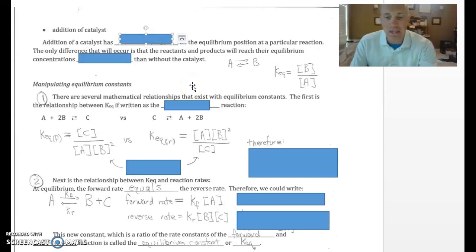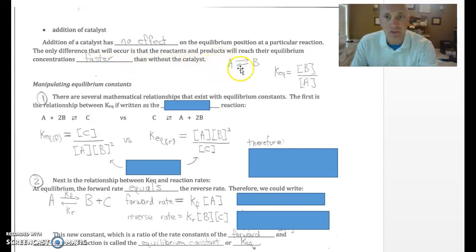Adding a catalyst to an equilibrium reaction would have no effect on the equilibrium position. The only difference in a reaction that had a catalyst would be that it would eventually get to those equilibrium concentrations a little faster than it would without the catalyst.